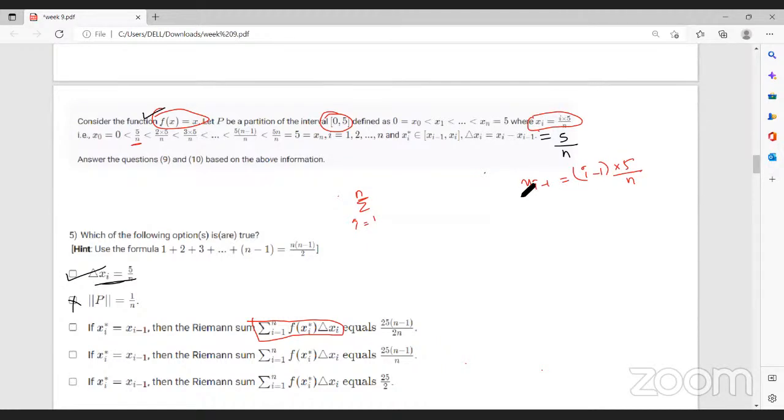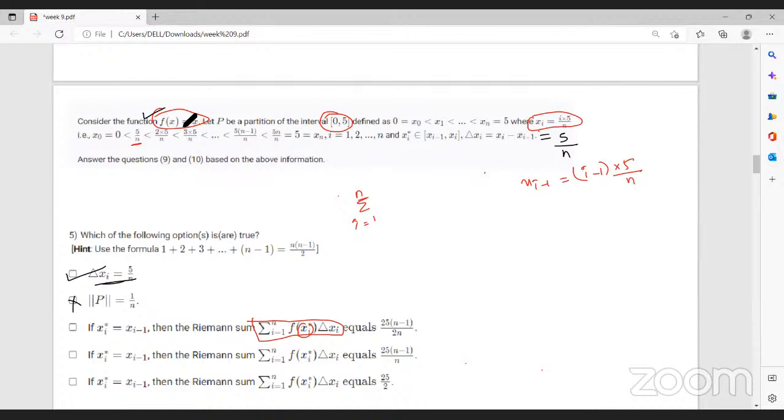We are changing i to i minus 1, that is the thing. So here I am getting xi minus 1. Now what is the formula? We have to put this xi star in the f of x, right?